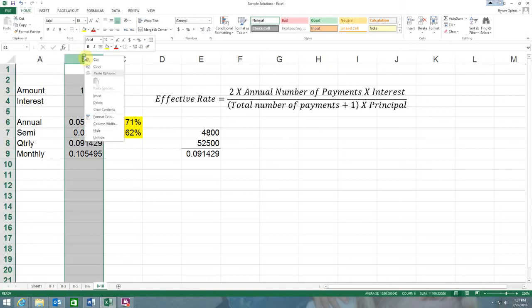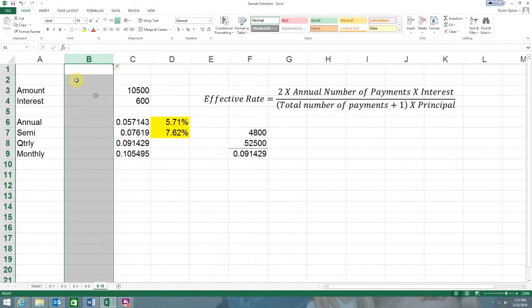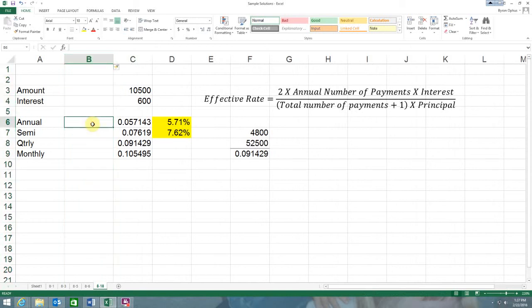You could probably do it like this too. I got thinking about it while I was doing that. Annual would be 1 payment, semi-annual would be 2 payments, quarterly would be 4 payments, and monthly would be 12 payments.